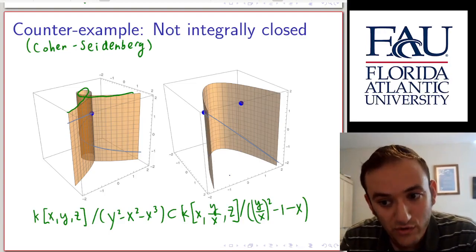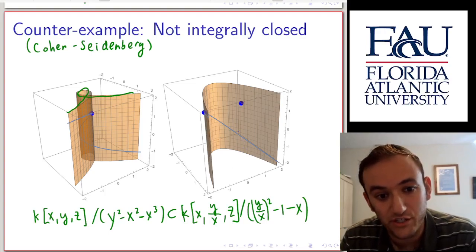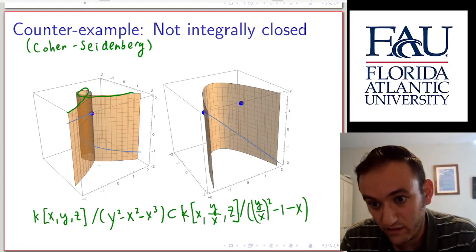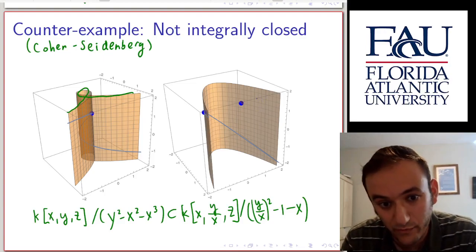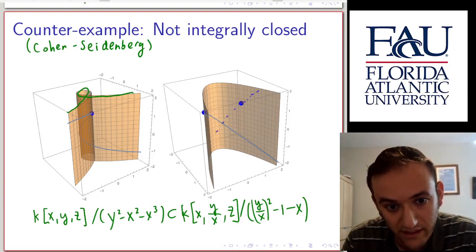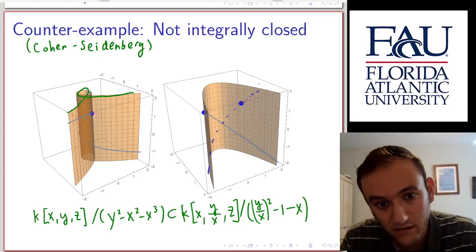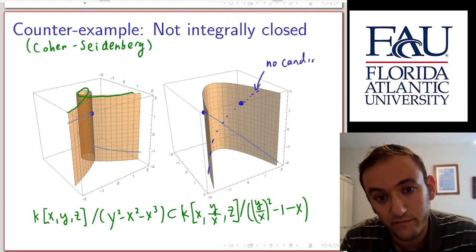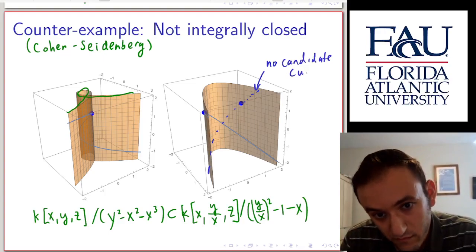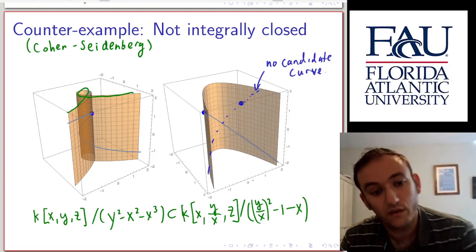And there's no similar curve which restricts to the one on the left that would pass through the other one, right? So something like this does not exist. No candidate curve.